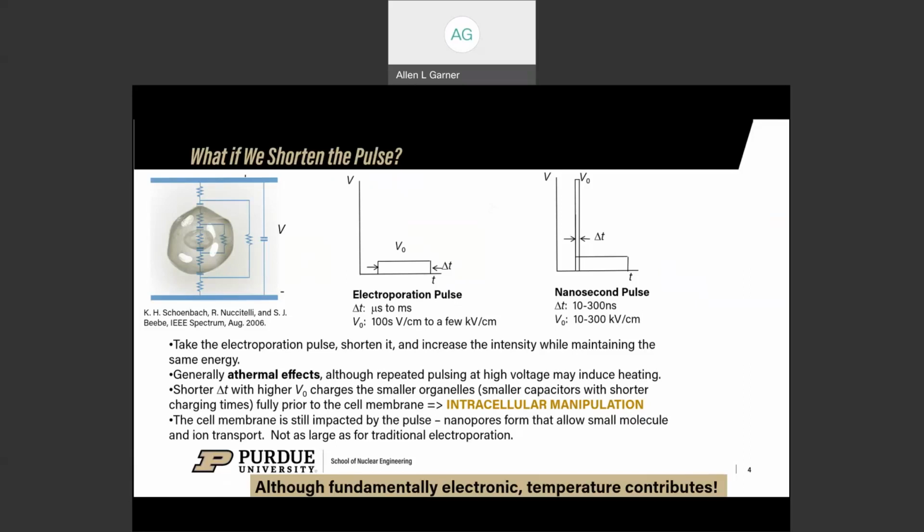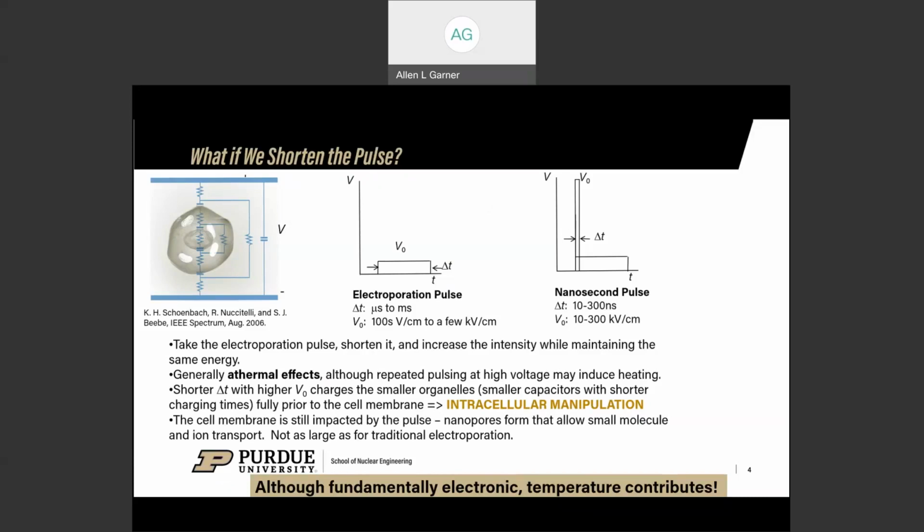Now, it's important to recognize that whenever you apply an electric field to something, you are inducing some level of Joule heating. So there will be heating associated with these pulses. And molecular dynamics simulations indicate that heating will facilitate electroporation. So the more heating you have, the easier it is to permeabilize the biological cells.